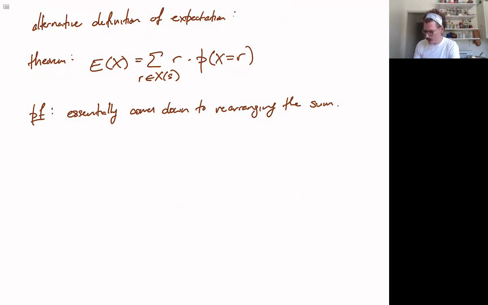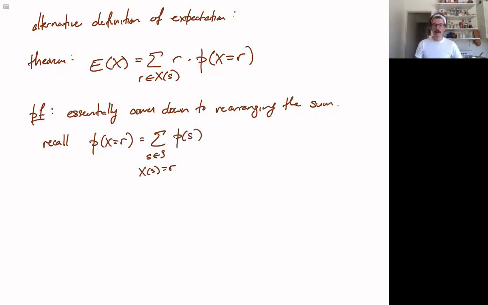So let's first recall what this thing means. We defined this to be the sum over the elements of the sample space that map to r of the probability of all of these outcomes.